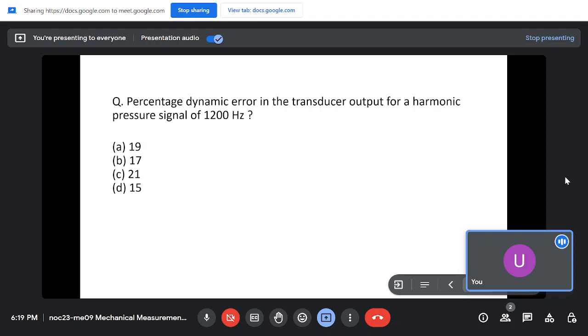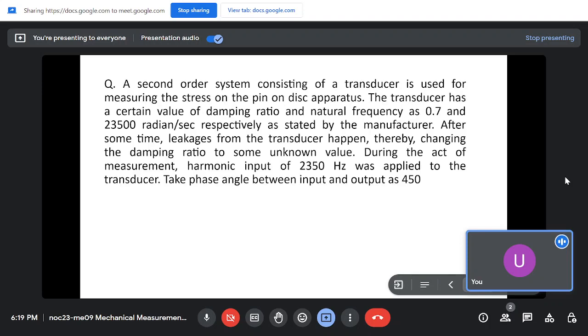So we are being asked a series of questions. It's a linked question, so I'll repeat the problem. We have a transducer which is a second order system to measure stress, and the transducer is a pin on disc apparatus. The manufacturer has specified that the damping ratio is 0.7 and the natural frequency of the system is 23,500 radians per second.